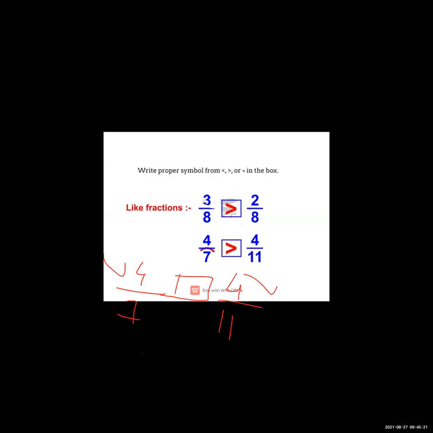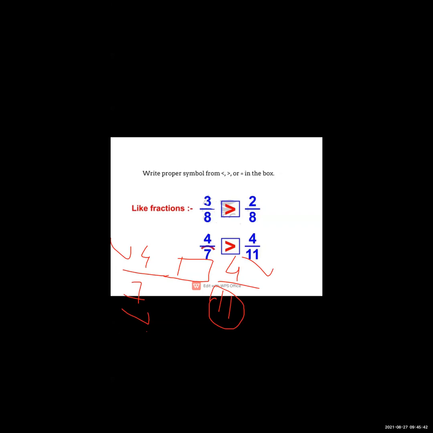Here the numerators are same, so we will give the sign to the 7. We consider 7 as the bigger fraction. 11 will not be the bigger one when the numerator is same. So you will give the sign to 7 here.